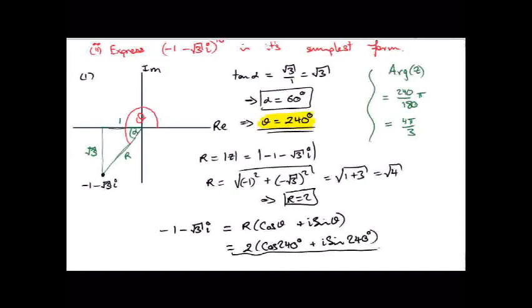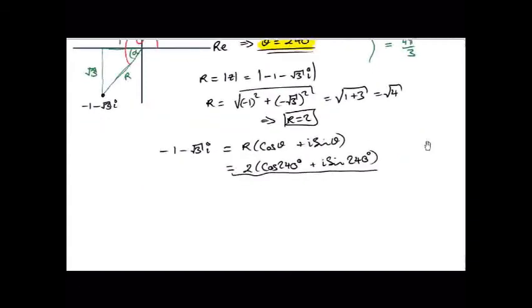Is that okay? And there we go. So that's part 1 out of the way. So minus 1 minus root 3i is equal to that mess there.